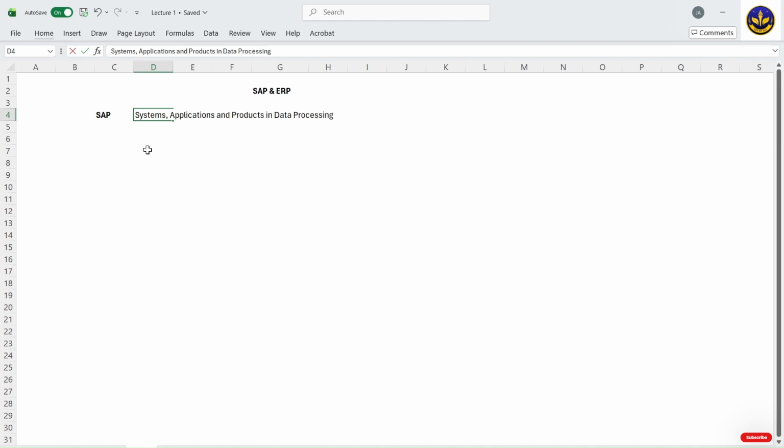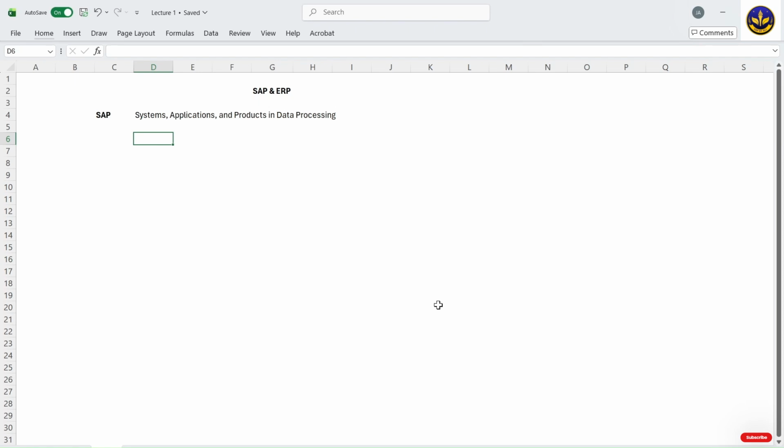So before discussing the definition of SAP, I want you to remember that apart from SAP being the software, the company which developed this SAP is also SAP itself. Okay, so now comes the question what this SAP is.